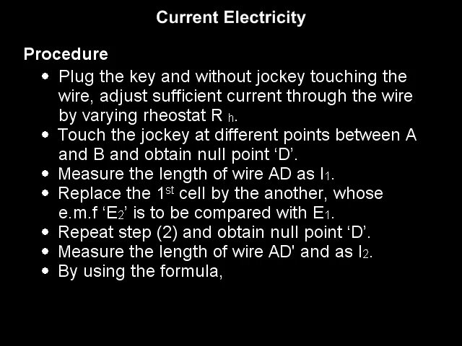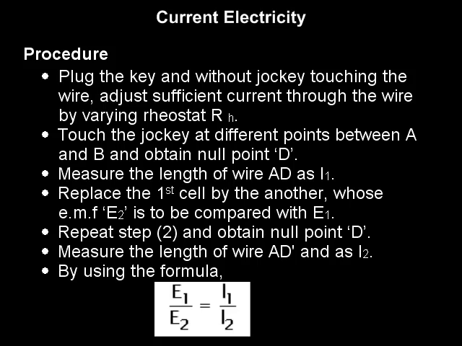Now, E1 can be calculated with the formula I sigma L1. E2 can be calculated by the formula I sigma L2, and E1 and E2 can be compared as E1 upon E2 is equal to L1 upon L2. It is not necessary that every time the cells should be connected separately.